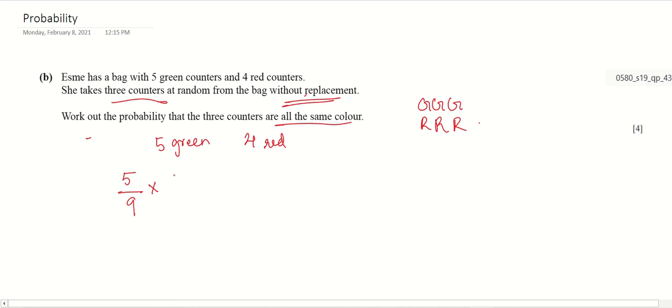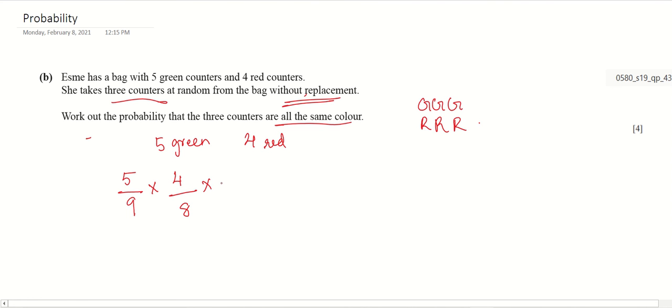So now the number of green counters left in her bag is 4, and the total number of counters left in her bag is 8, because she doesn't replace it. And this is a very important word, or an important direction, that will actually determine your whole calculation. Is she replacing it or not?